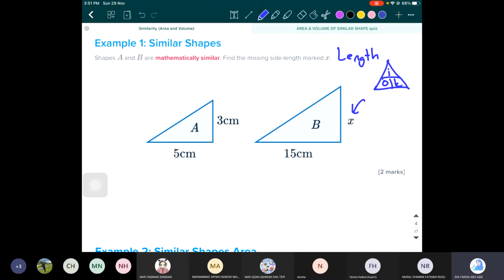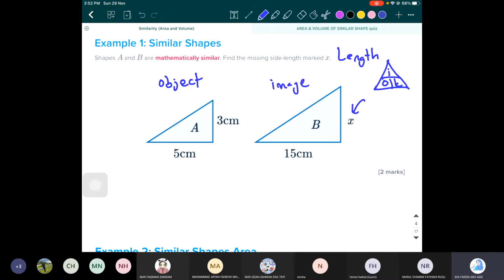You boleh tetapkan sendiri yang mana you nak jadikan objek, yang mana you jadikan image. Lepas tu, the calculation have to follow what you have fixed. Okay, sekarang teacher nak tetapkan object is triangle A, image is triangle B. Ni saya tetapkan sendiri.